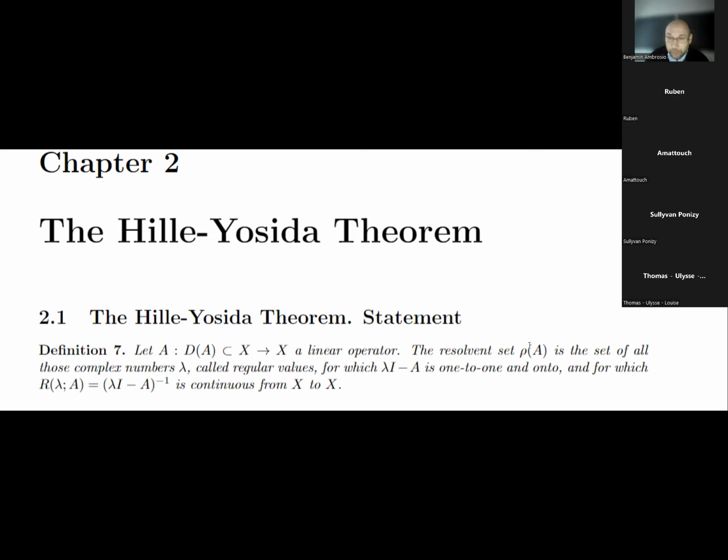Because we work in an infinite dimensional setting, that's the general definition. So the resolvent set is the set of all complex numbers, which we call regular values, for which... Here you see the analogy with the matrix case.